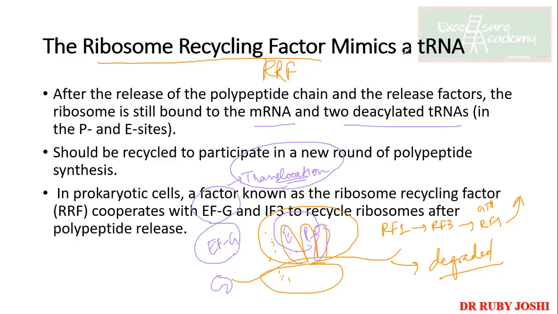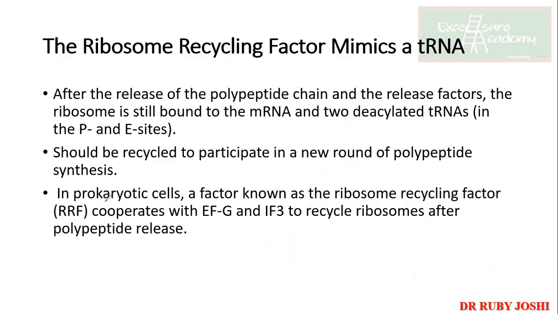So here in prokaryotes, a factor known as ribosome recycling factor cooperates with EFG and IF3 to recycle ribosomes after the polypeptide release. Now, do you remember what was the function of IF3, initiation factor 3? Can you recollect what was the function of IF3?